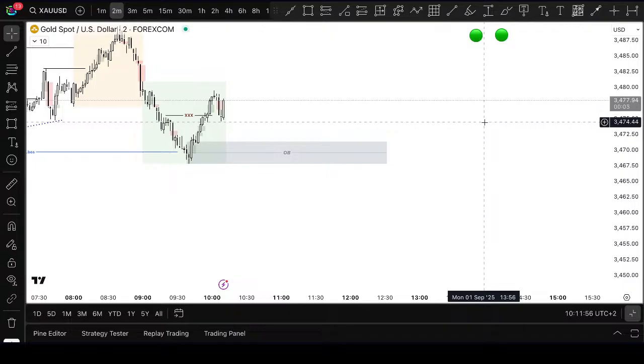Okay, it's showing the price does not want to come down. Okay.